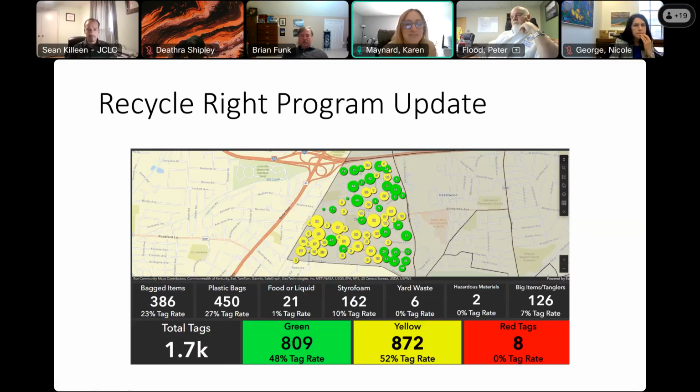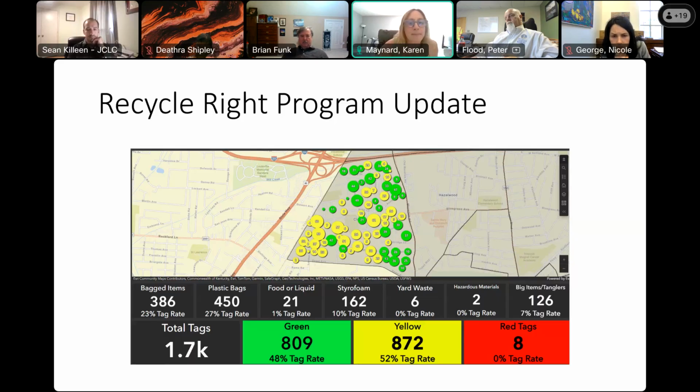But this is one of the areas that we've actually had some audit results. So I just did a screenshot so you can see, when you zoom in, where we've left tags, and you can change it by date.